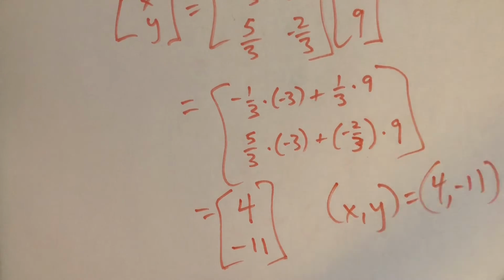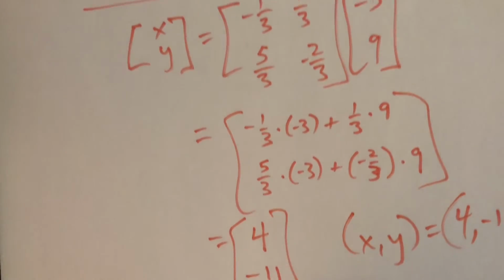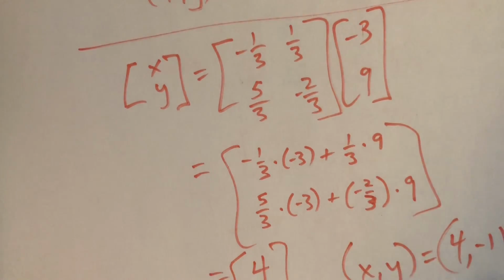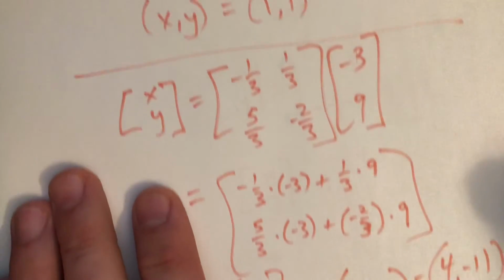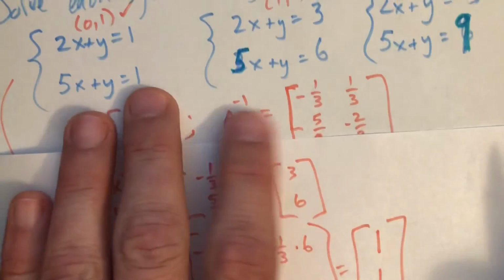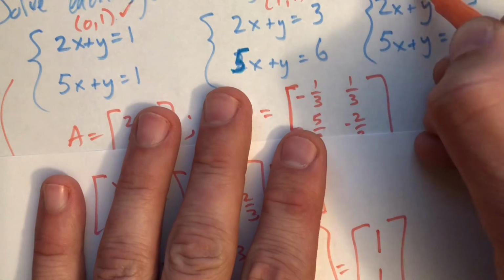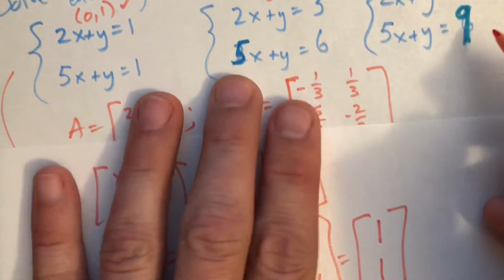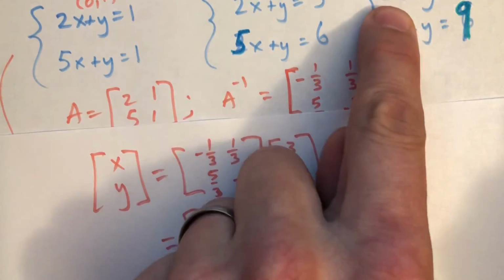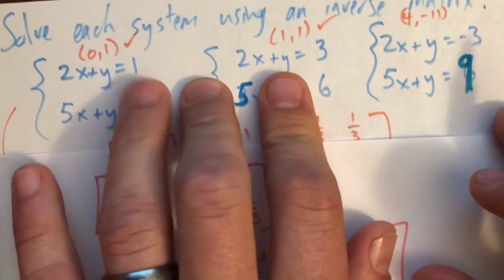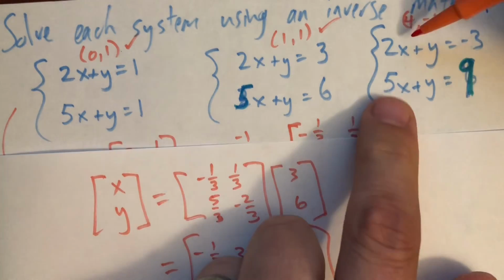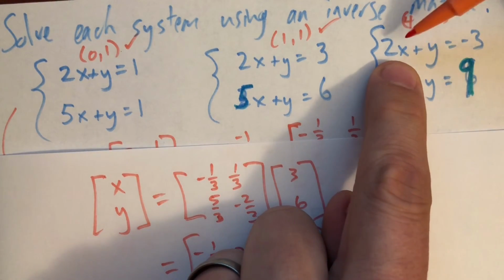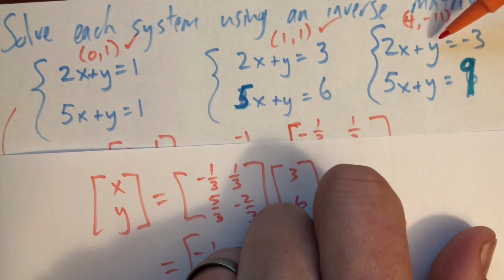And we're going to probably be able to tell really quickly whether or not we screwed this up here. Now 4, negative 11. Let's find out. Does it work? So I got 4 times 2. Whoops, I'm off the paper there. So 4 times 2 is 8 minus 11.